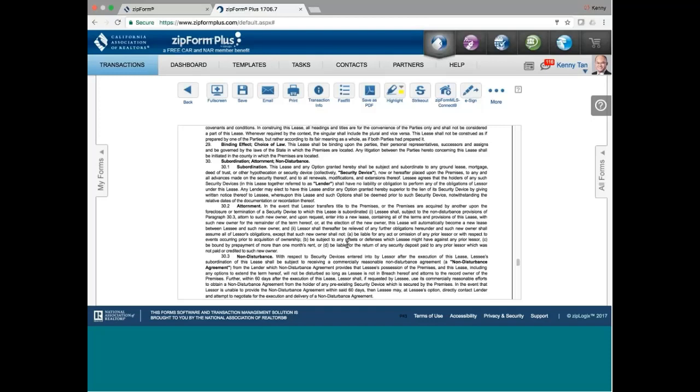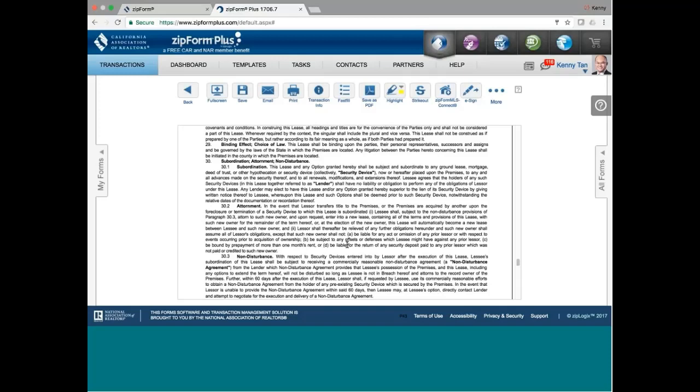Subordination is very simple. It means that even though the lease is entered into before the landlord refinances the property, for example, sometimes a landlord might consider refinancing his current mortgage.